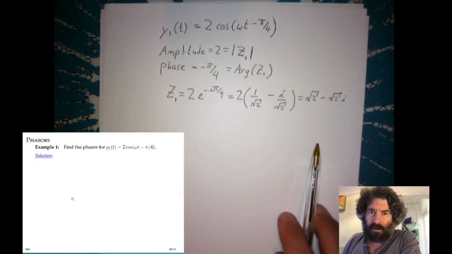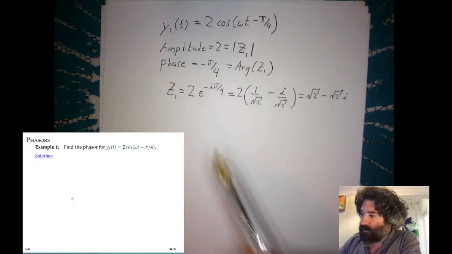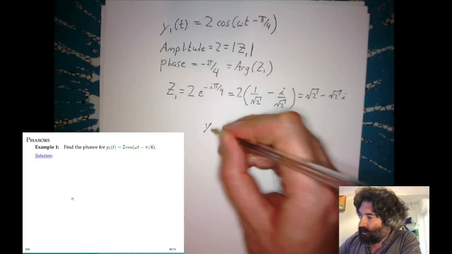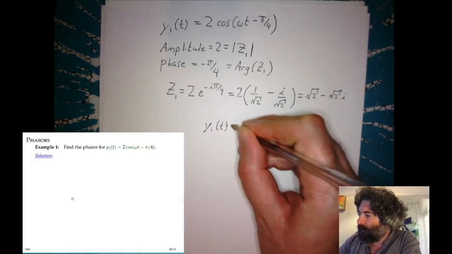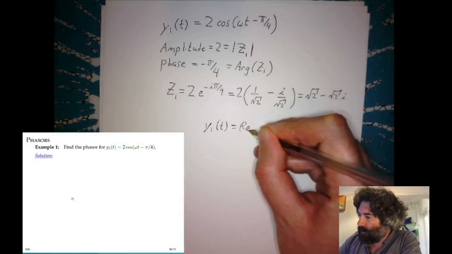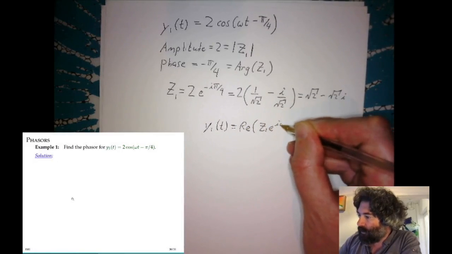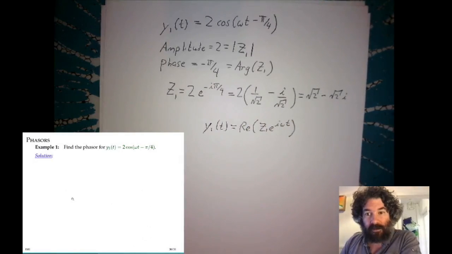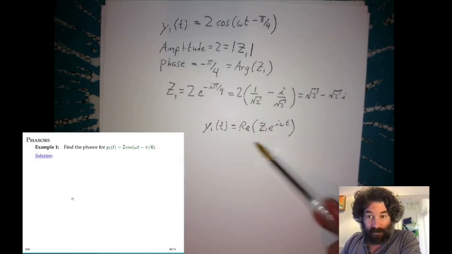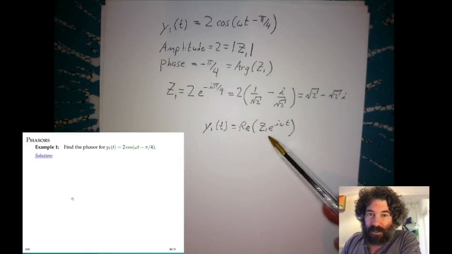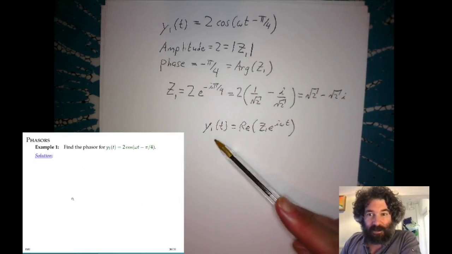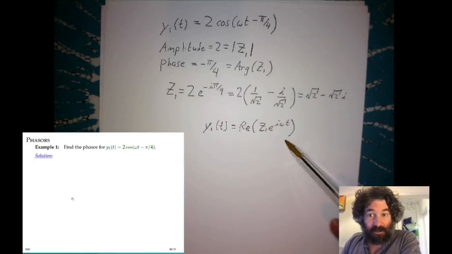And so notice that y1 can be written as the real part of the phasor times e to the i omega t. That's the point of introducing the phasors. A lot of times when we're working with sinusoidal functions and applications, we just forget that we're really taking the real part and just work directly with the complex numbers.